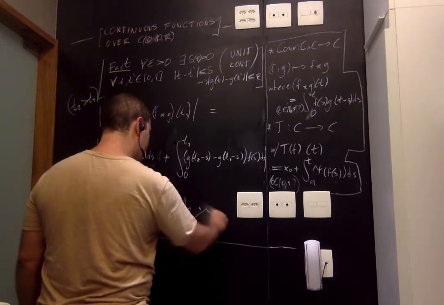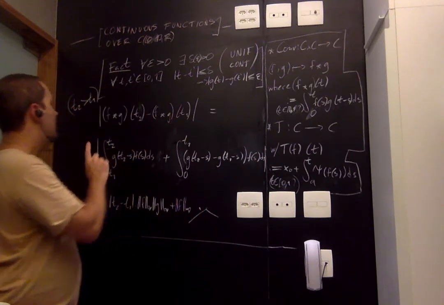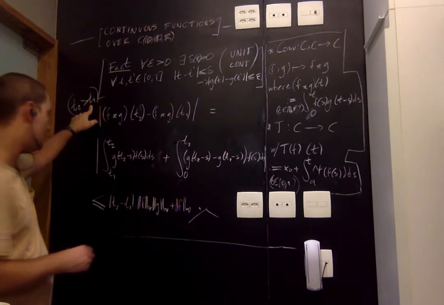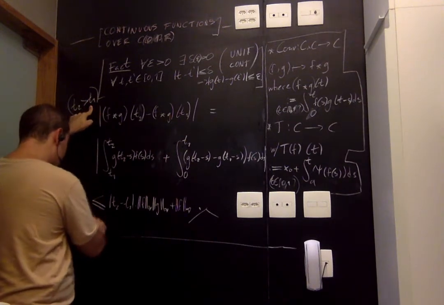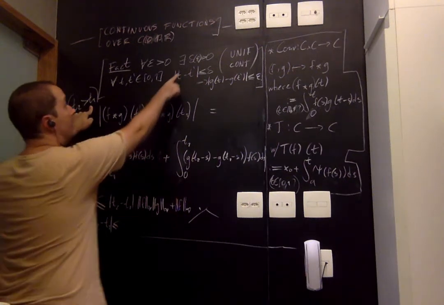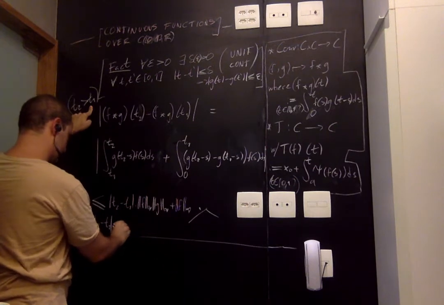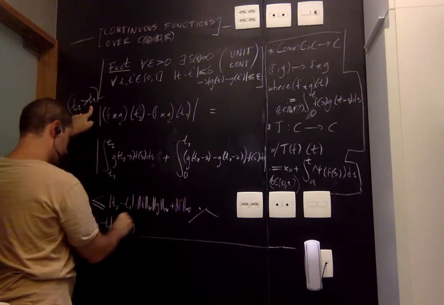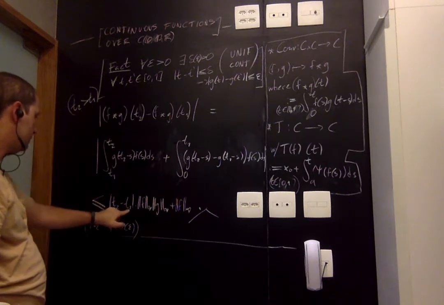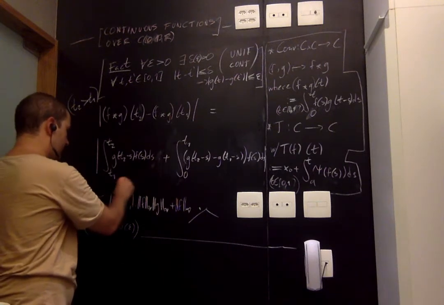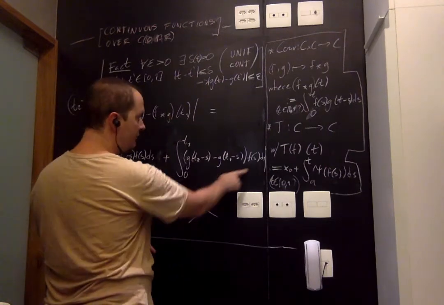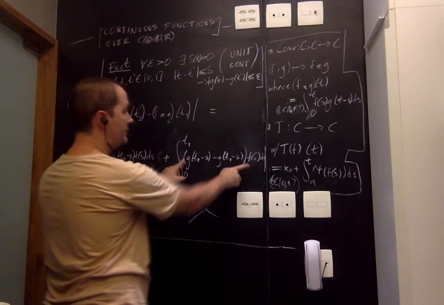But here I have a different term. We are interested in what happens when t2 approaches t1, right? So let me assume that the distance t2 minus t1 is less than this delta here. Okay, so this is less than delta of epsilon. Here, what do I have? Well, I have the sup of f, which comes from this. What's the sup of this?